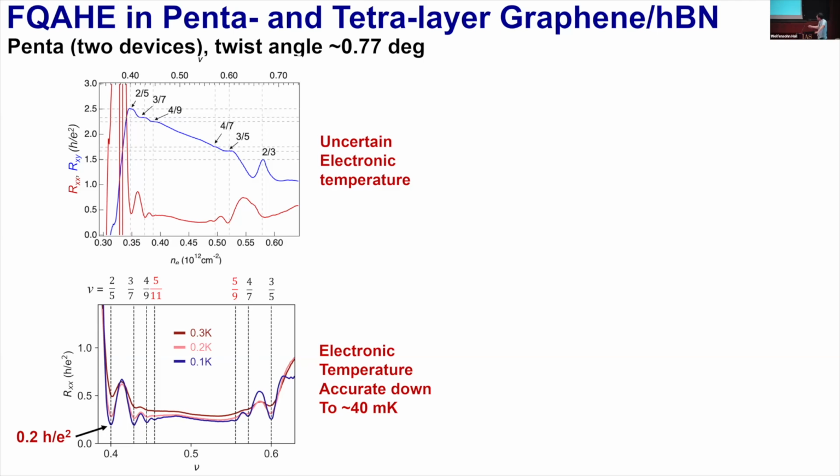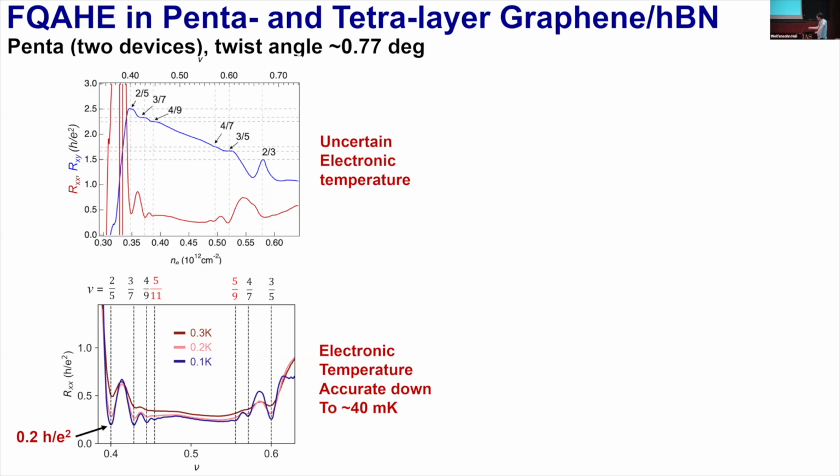As you can see, the dips in the fractional states, the 5 fractional states I was showing you, get deeper, okay? Every dip gets deeper. And because the dips become sharper, we can now identify more fractional states, like 5/11 and 5/9, as dips in Rxx.